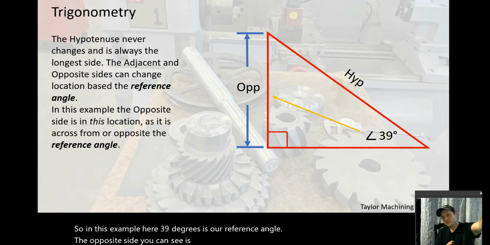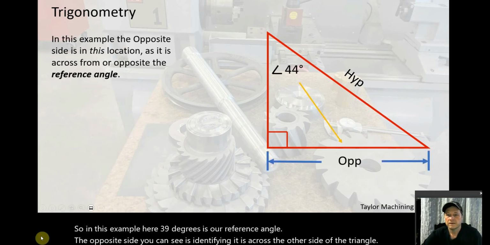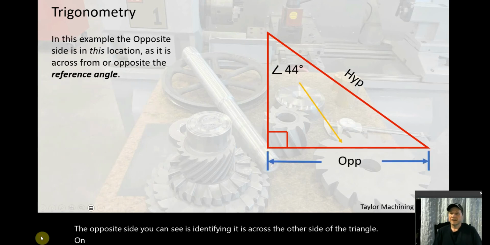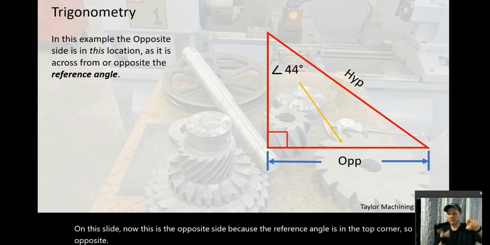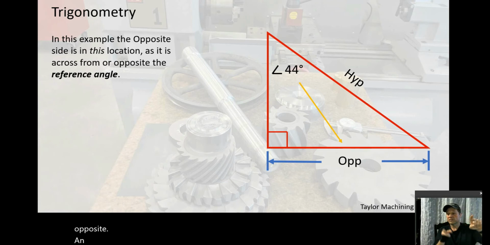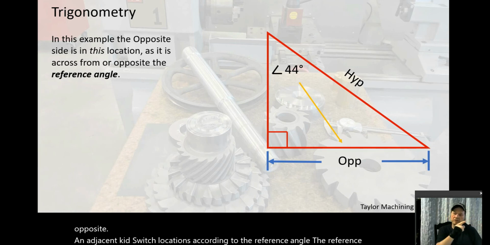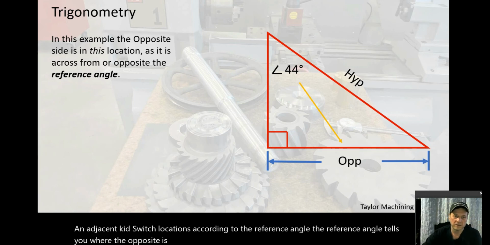It is across the other side of the triangle. On this slide, now this is the opposite side because the reference angle is in the top corner. So opposite and adjacent can switch locations according to the reference angle. The reference angle tells you where the opposite is, and it tells you where the adjacent is.